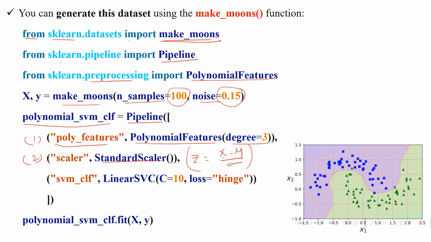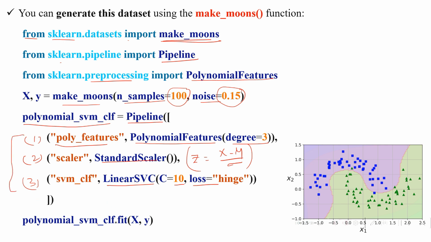This step is applied on all the data points. Then apply linear classification, LinearSVC, linear support vector classification, with C equal to 10 and loss equal to hinge loss. These two hyperparameters can be changed according to our requirement. Then our model is ready.